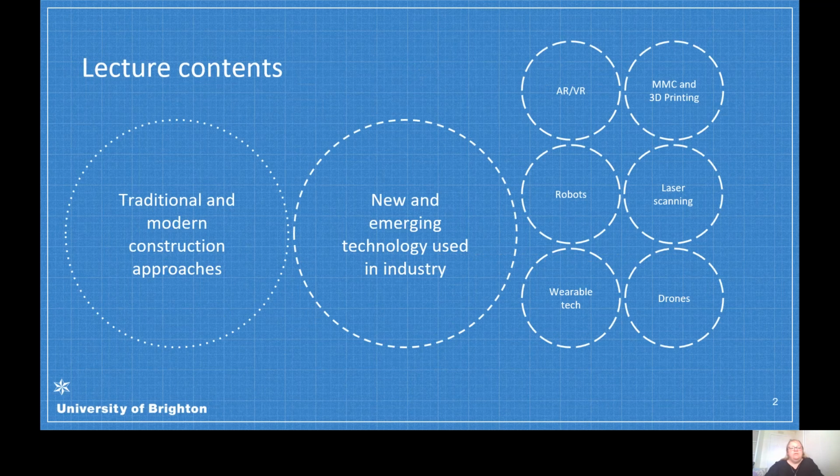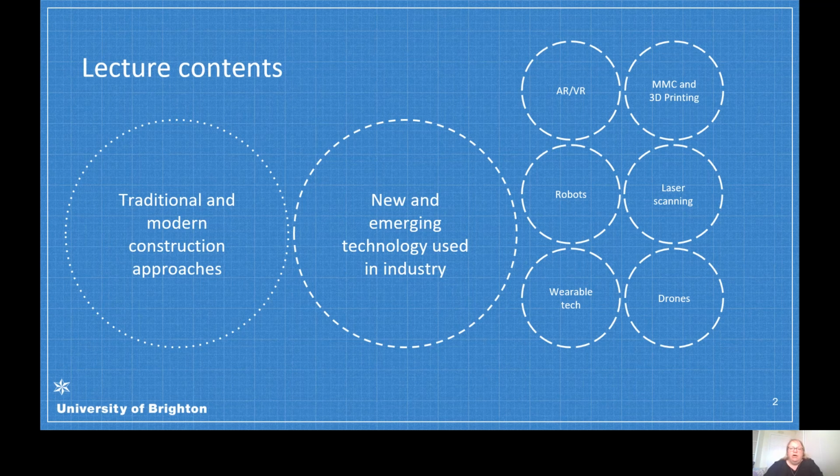So the contents of the lecture are going to be, we'll very briefly look at some traditional versus modern methods, give you a little bit of context and background about the construction industry, what's important, where things go wrong, for example. And then we'll move on to looking at some of the new technologies or the emerging technologies that are being used in industry.